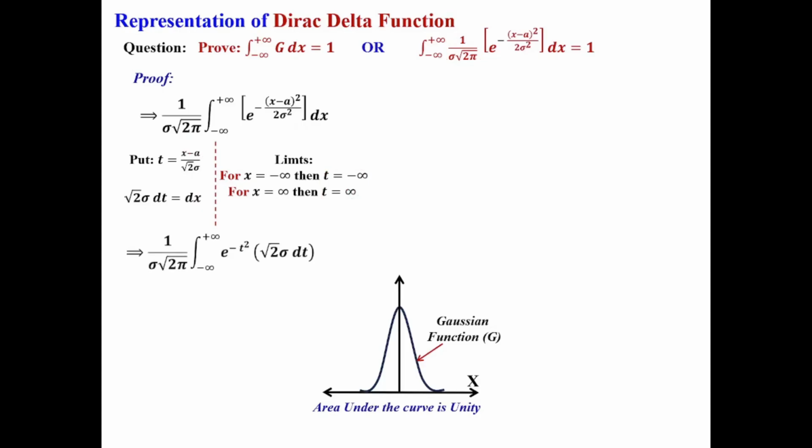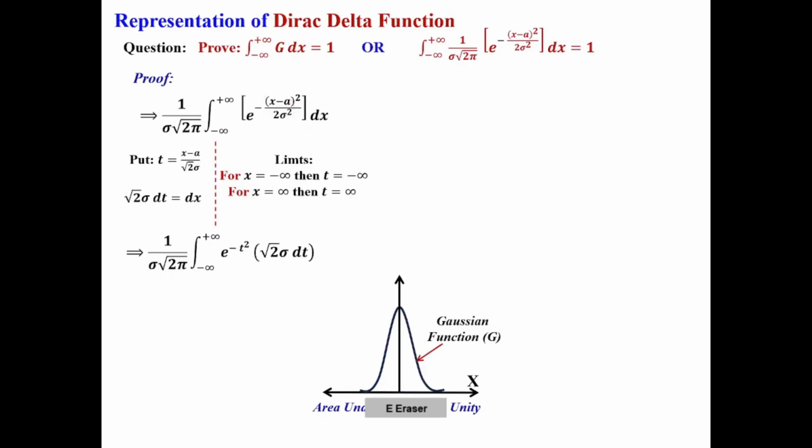Now we just have to substitute these values. 1 by sigma root over 2 pi is already there, keep it as such. The new limits are minus infinity to plus infinity. Instead of (x minus a) by root over 2 sigma, we consider t, so this term will be written as t square, and dx will be written as root over 2 sigma dt.